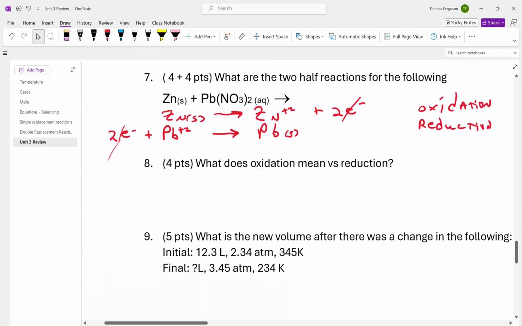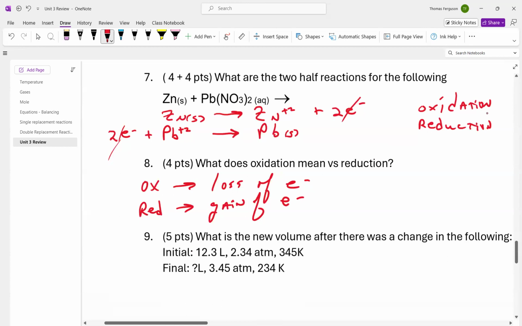Okay, what does oxidation mean versus reduction? Oxidation means loss of electrons. Reduction means gaining electrons. By the way, I'll publish this as a key. I know a lot of you are taking pictures.